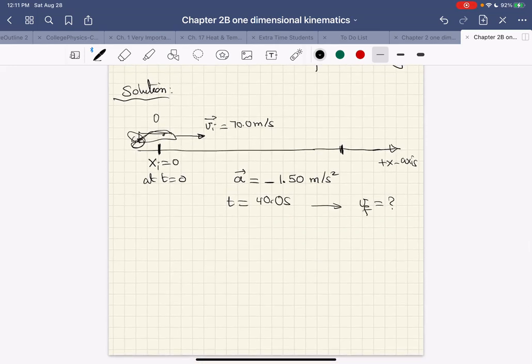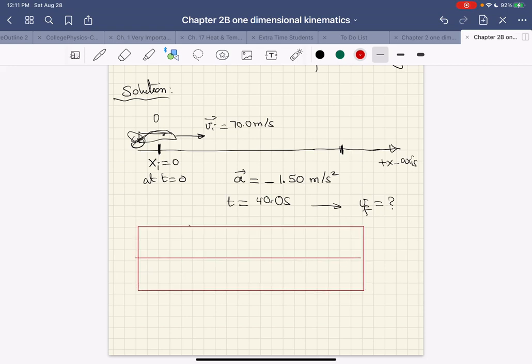Okay, now what I will do again, I like always to have that type of box for all my variables. Okay, I have x0 equals 0 and, okay, maybe I will not need it. We're going to see VI in meters per second.